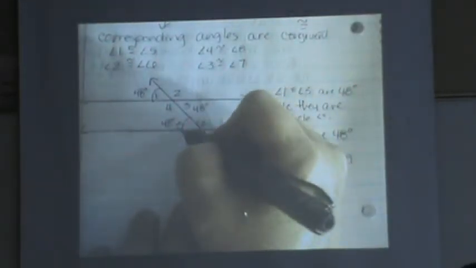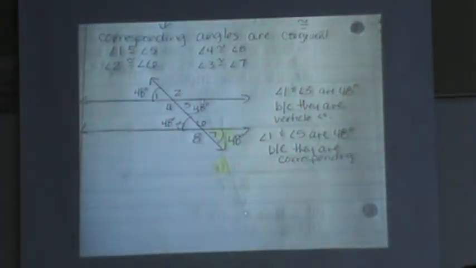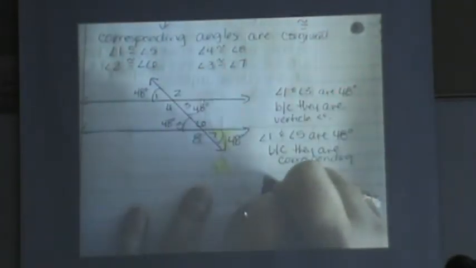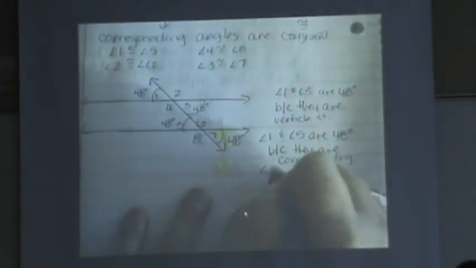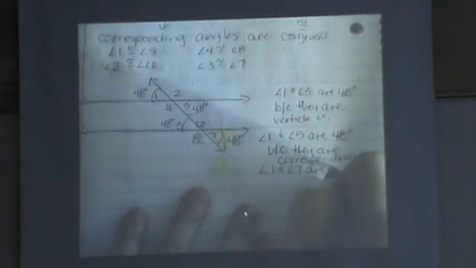They're both vertical. Not quite vertical. Are they inside or outside the parallel lines? Outside. So they'll be exterior. Exterior, what kind of exterior? Alternate. Alternate exterior angles. Angle 1 and angle 7 are both 48 degrees.